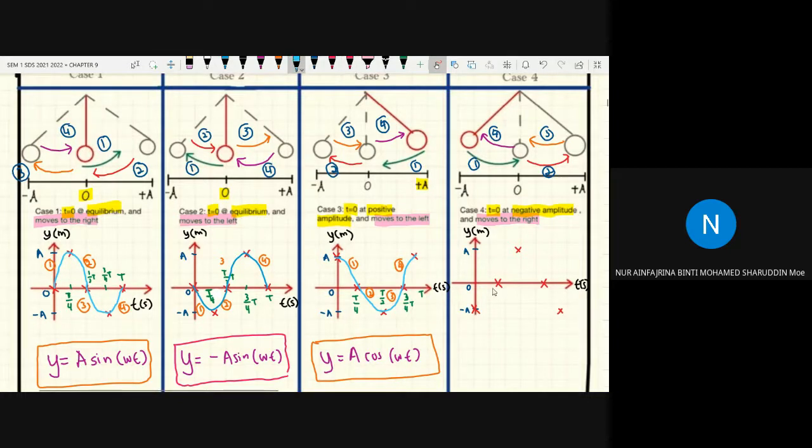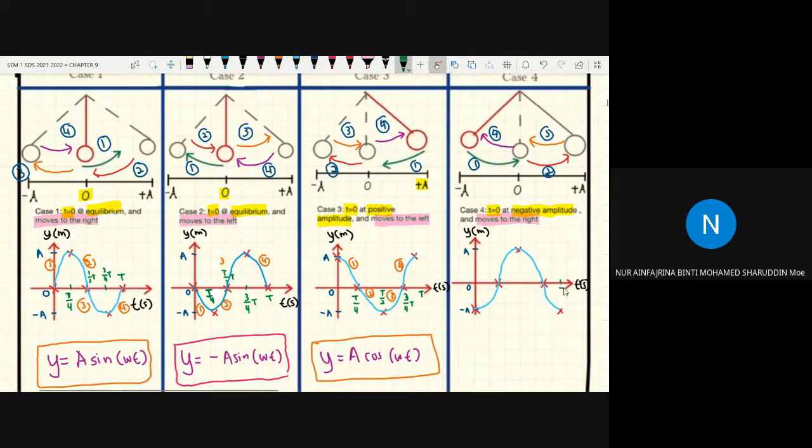So a graph like this, what graph will you get? What graph is this, guys? Negative cos graph. Yes, very good. This is negative cos. So you label the time.